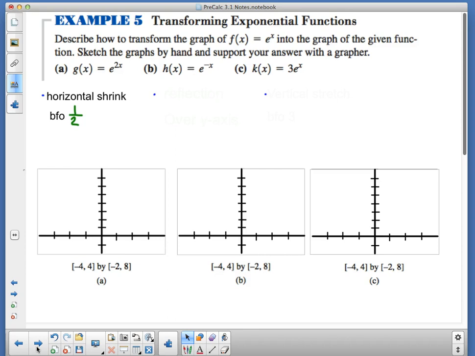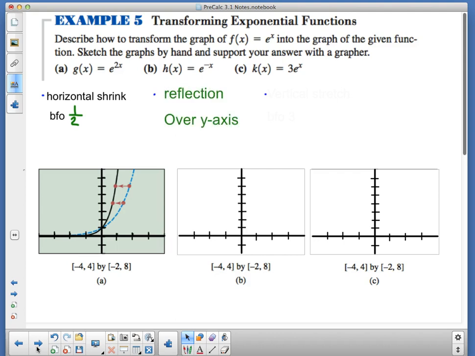I know people say, well, there's 2 times the exponent, but it's really half as big, because it's the reciprocal of that value. So that should look like that. Then it goes in, it shrinks it. Here, the negative x, that negative up there in the exponent, should reflect across the y-axis. So it should look like this.